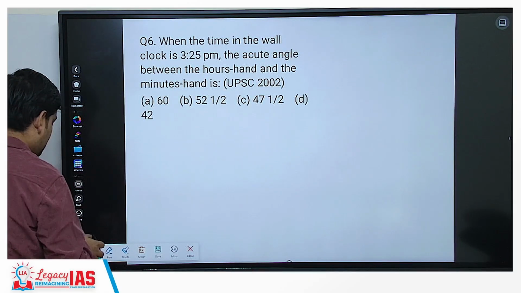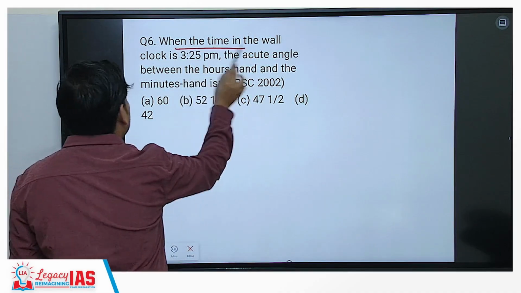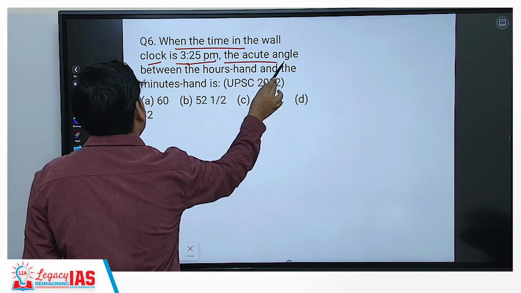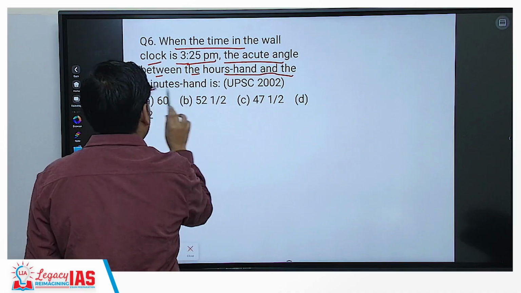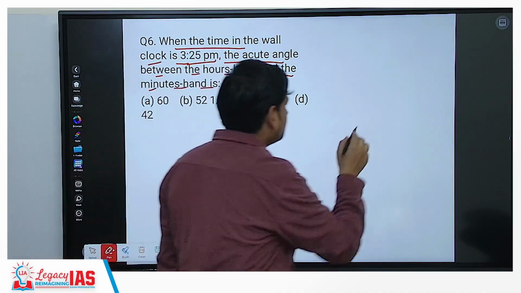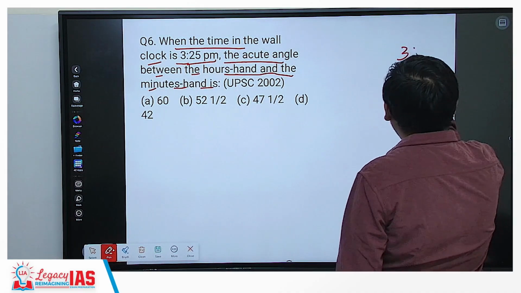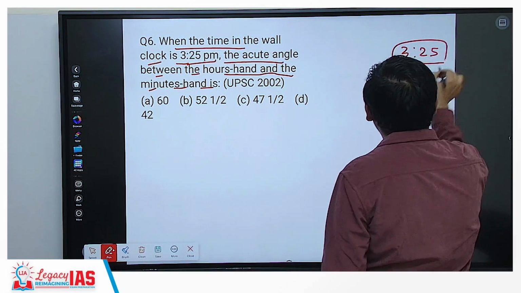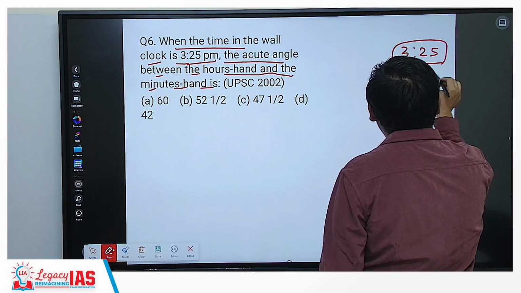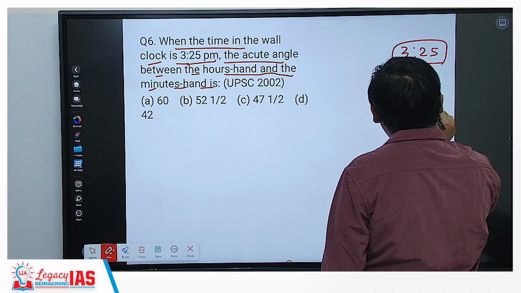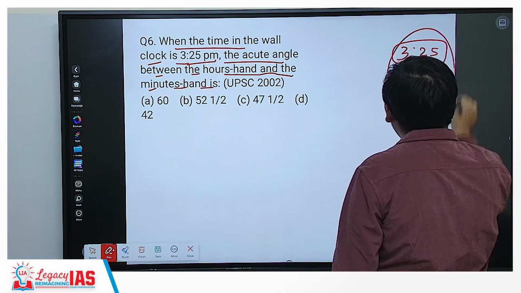Then this one: when the time on the wall clock is 3:25 p.m., the acute angle between the hour hand and the minute hand is. Now you can pause and try. The time is 3:25. You need to find the acute angle between the hour hand and the minute hand. How will you do this?